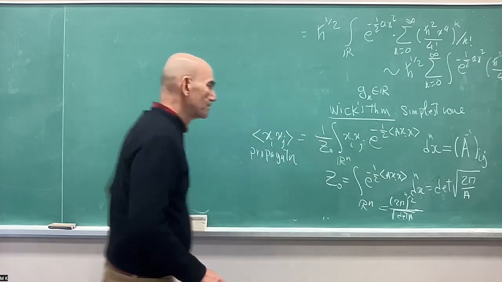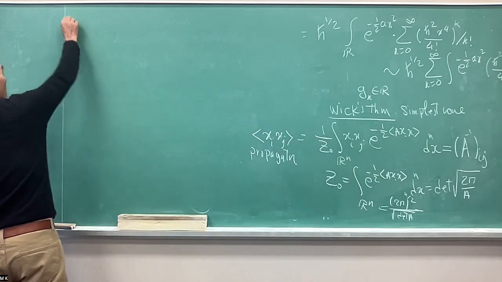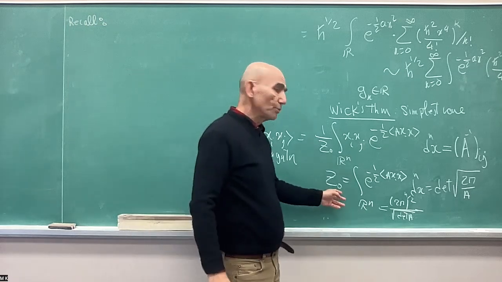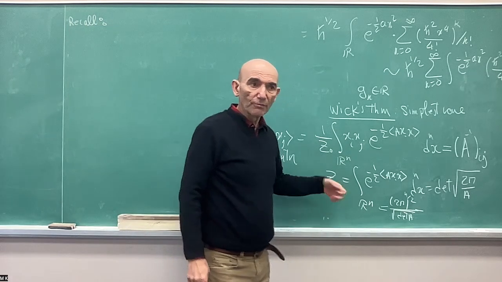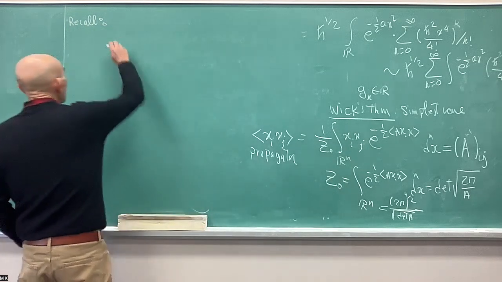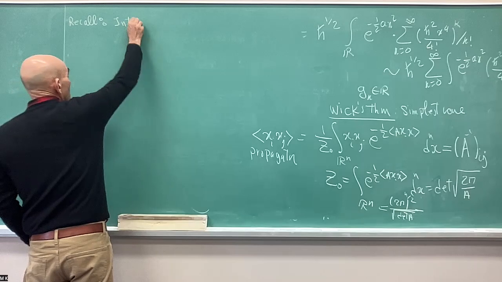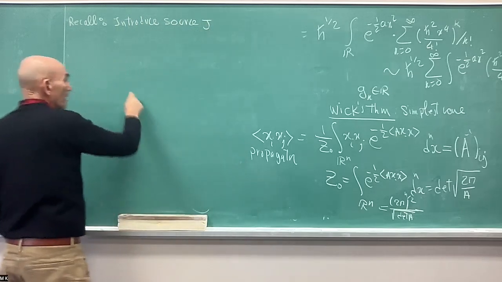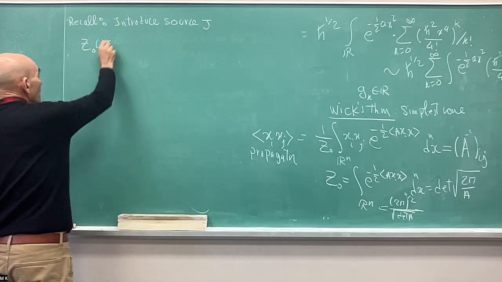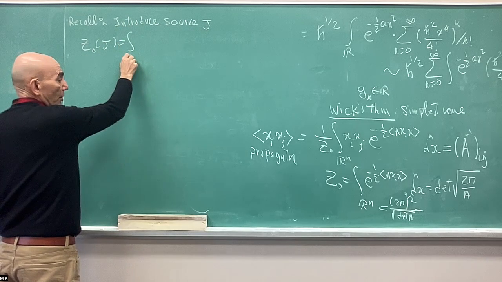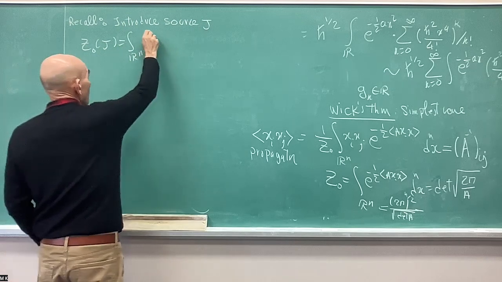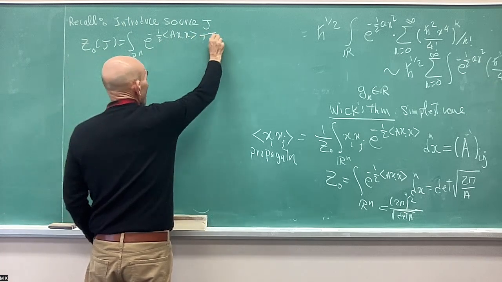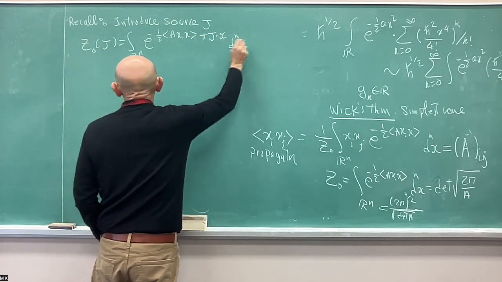To prove this, we introduced a quantity we called Z0 of J. We introduced a source term J, in R^n again. Z0 of J is the integral over R^n of exponential of minus 1/2 (Ax, x) plus J dot x, d^n x.